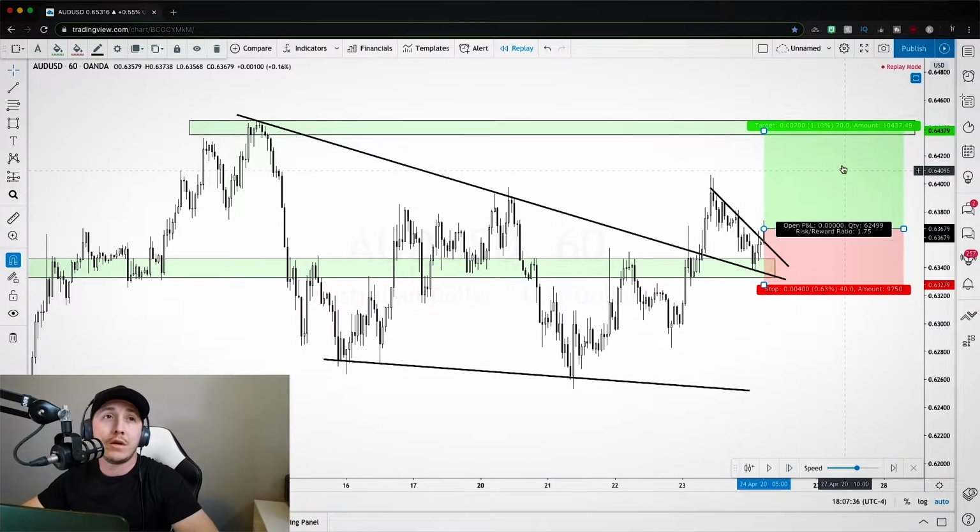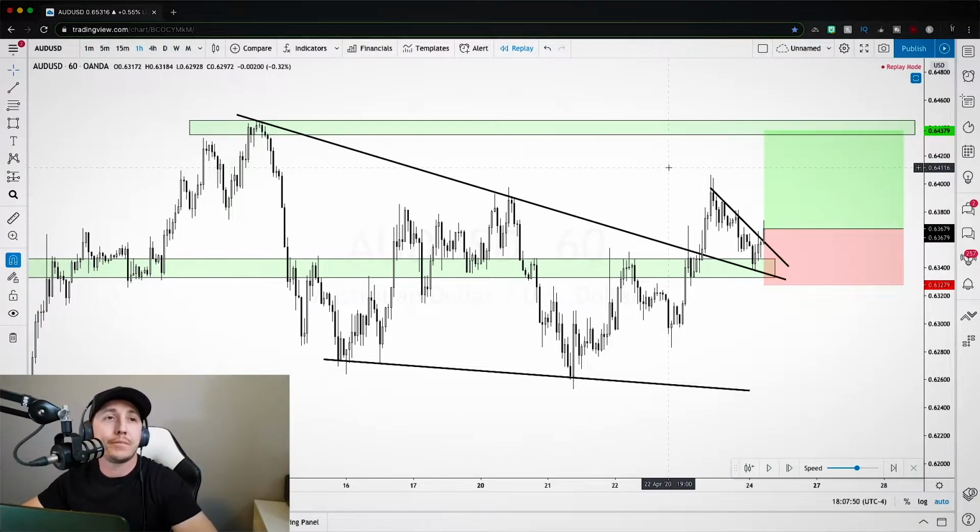All right. So now we have a 1.75 to 1 reward to risk. All right. So we got 40 pip stop loss, a 75 pip target. Okay. So now we have our full position, whatever lot size that is, whether it's micro lot, mini lot, whatever it is to you, based on the amount of money you're trading with.